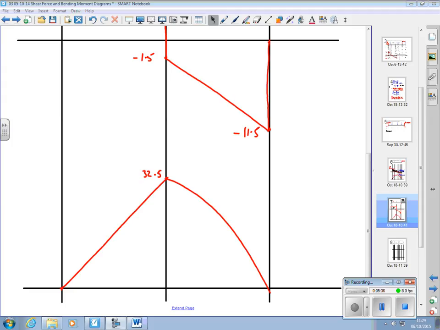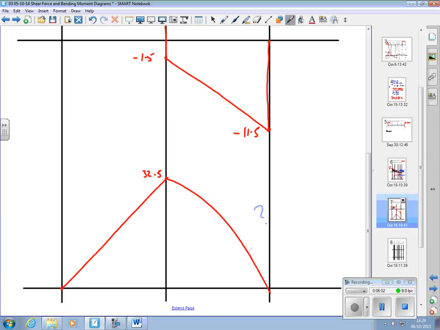So hopefully you confirmed that we reach 0 by the time we get to here. Just a point on the mathematics of this function. The trouble with this is we freehand a curve in there. If I want to know what's the moment at that point, and that point, and that point, there's a big question mark about that because I've only put in a freehand curve.